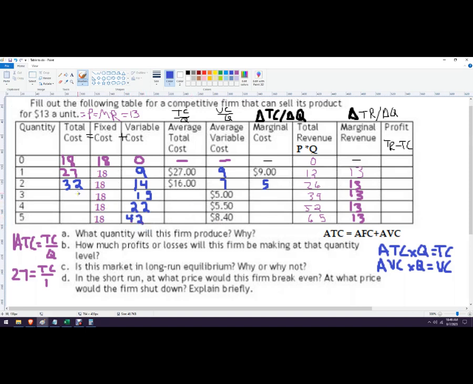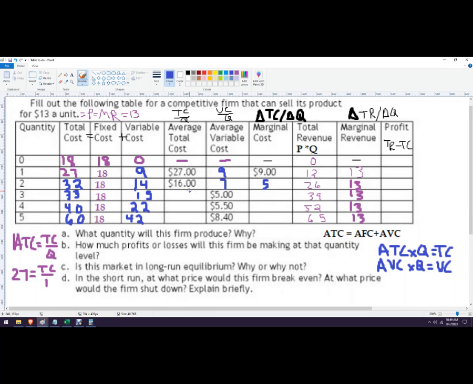Okay. Now we're rolling here. Since we know that total cost is fixed cost plus variable cost, we're going to add these together, which I've already done prior to talking to you. So it's 33, 40, and 60.